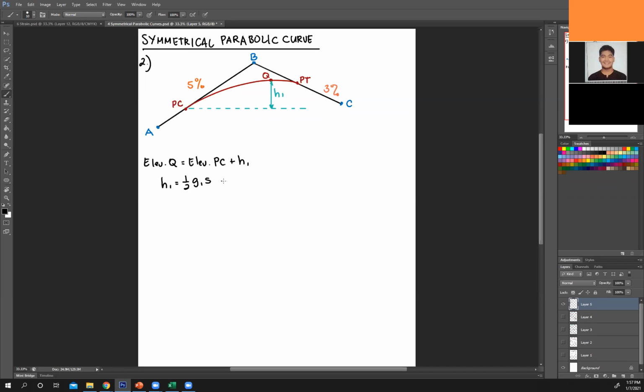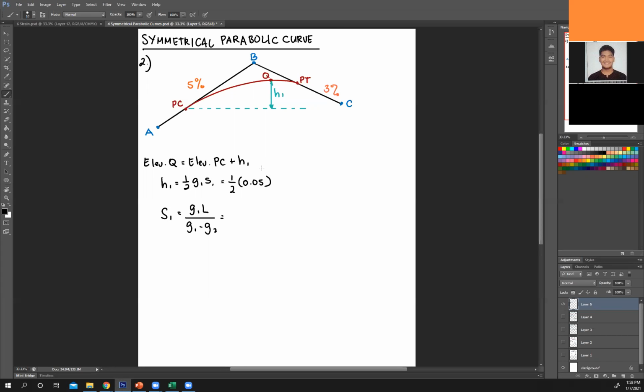So 1/2, G1 is 5%, so 0.05. Then what's S1? So S1 you can solve again using your equations. S1 is G1L over G1 minus G2. So G1 is 0.05, positive. By the way, the sign convention of your percentage, if you're only finding the magnitude, doesn't really matter.